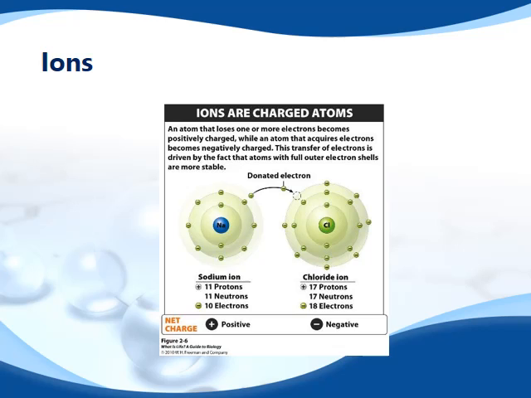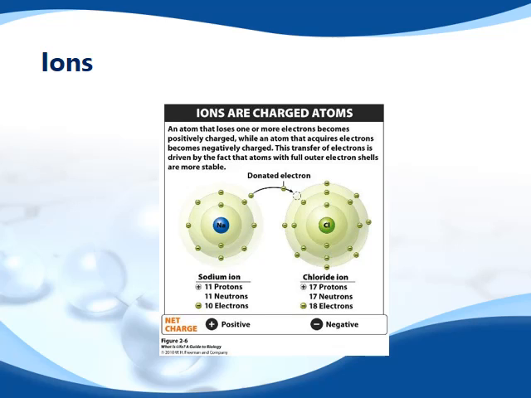When the sodium ion gives up an electron, it now has 11 protons, 11 neutrons, and 10 electrons. Typically in an unaltered atom, we have the same number of electrons as protons. So when it gave up an electron, it now has one less electron than it has protons.